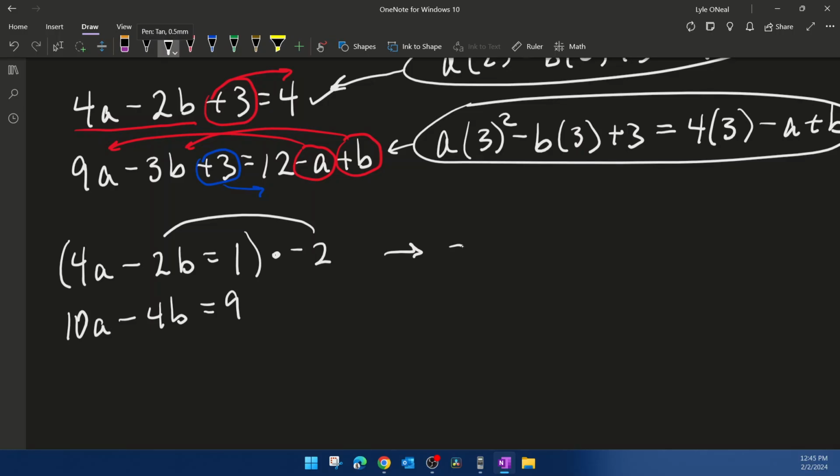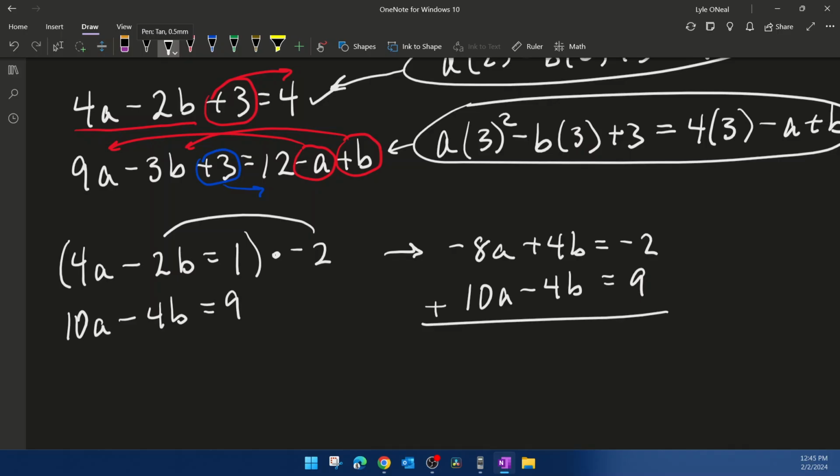Here we go. Negative 8a plus 4b equals negative 2. The bottom equation is unaltered, so we just copy and paste, and then we use the addition method. 10 minus 8, that's 2a. b's cancel. 9 minus 2 is 7.